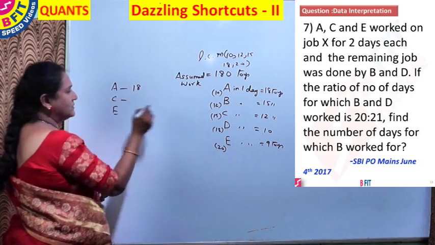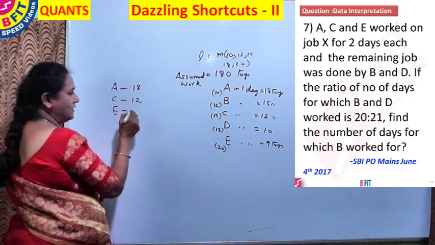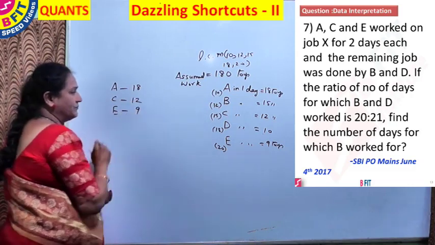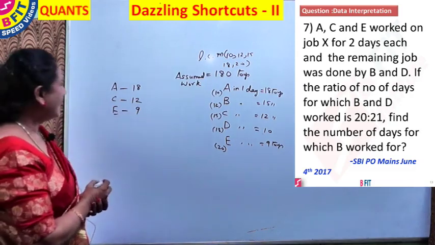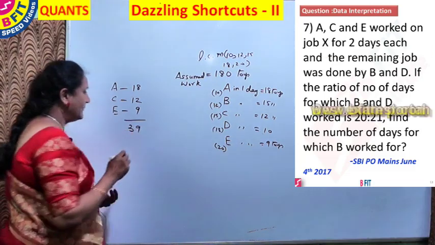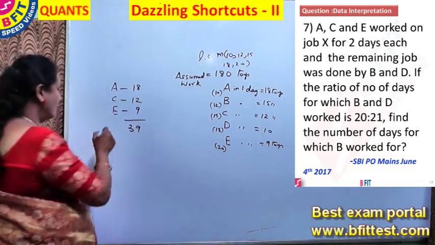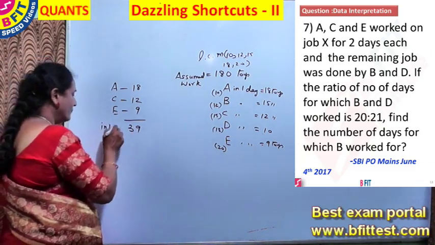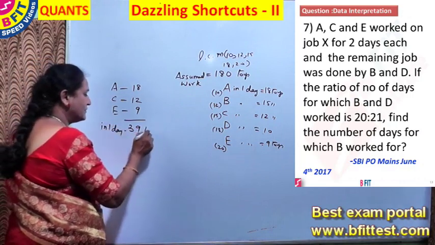So 1 day A is doing 18, C is doing 12, E is doing 9. Adding all this, A, C and E in 1 day make 39 toys.